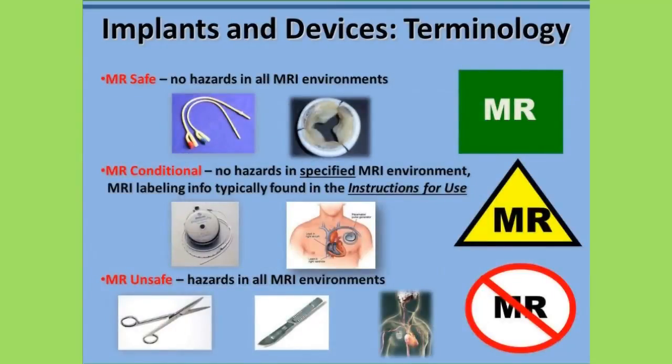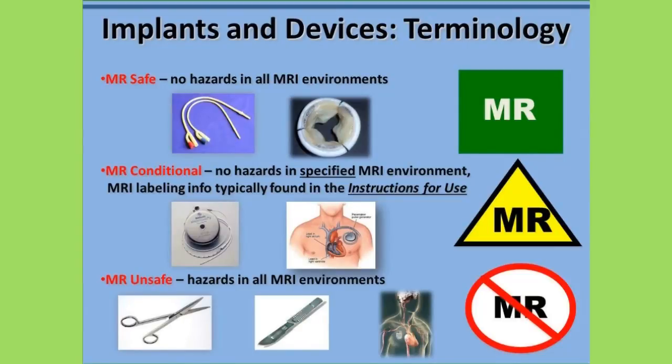The current terminology used for MRI labeling of implants and devices is as follows. The term MR safe refers to an item that poses no known hazards in all MRI settings. This would essentially be an object that is made from non-conducting, non-magnetic, and non-metallic materials such as plastic, glass, or silicone. A good example of an MR safe item would be a Foley catheter made from silicone.